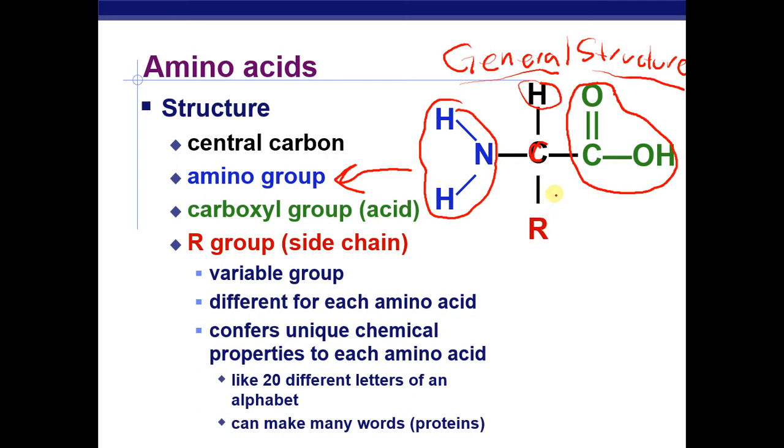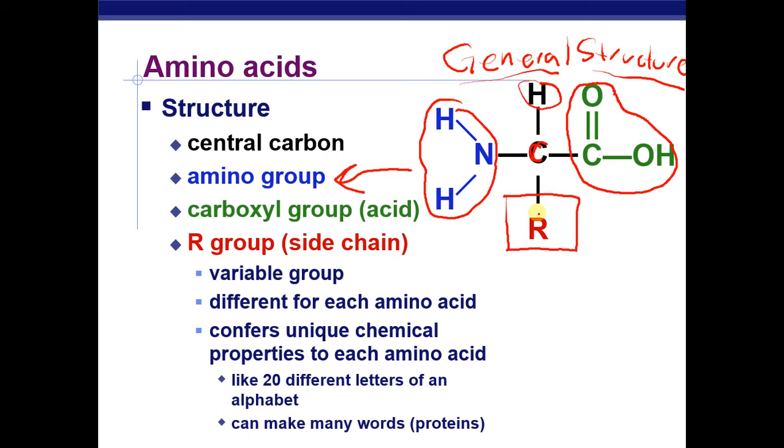What changes or differentiates each amino acid from the other is this. In this picture, it's just labeled R, and we call it the R group or the side chain or the variable group. Different amino acids each have something different attached here. It could be one atom, it could be a grouping of many atoms. But this R group confers very unique chemical properties to each amino acid, dependent on the properties of that R group.